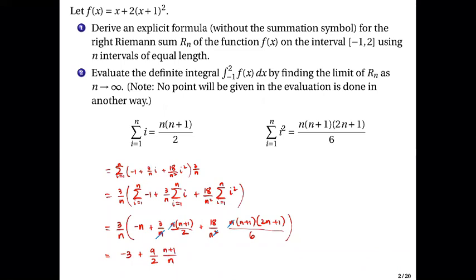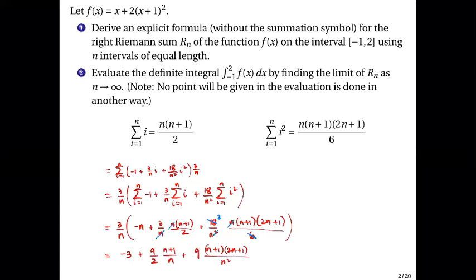And then, what else? This guy, we can cancel with this and we'll be left with 3 for this guy. So we'll just have there plus 3 times 3, that's 9, times n plus 1 times 2n plus 1 over n squared.